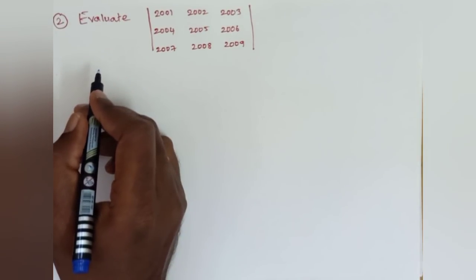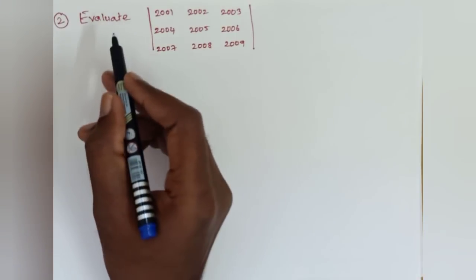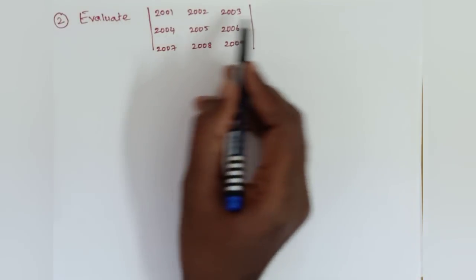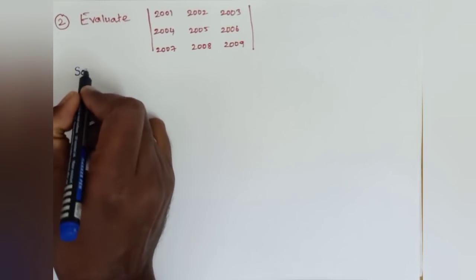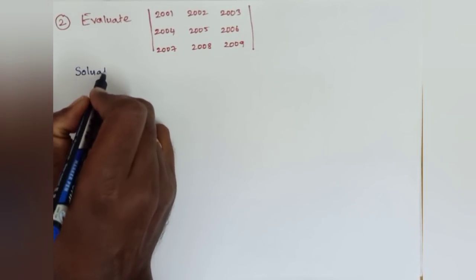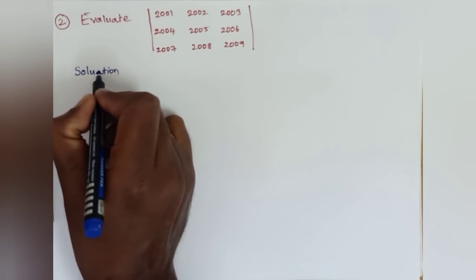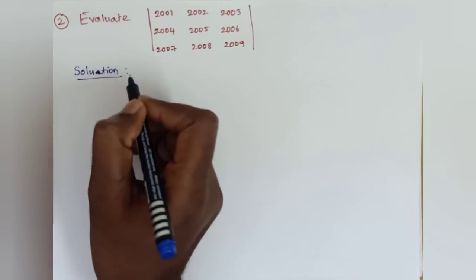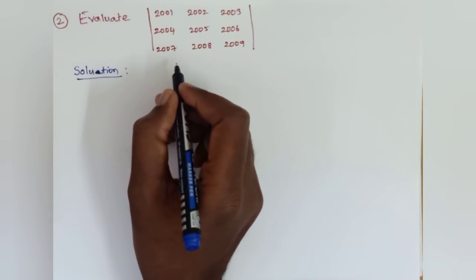By using the definition of determinant it is somewhat difficult. Here it is difficult to multiply these numbers by evaluating either row wise or column wise. So let's see how to evaluate this determinant by using the properties. Solution. Now here you can apply two operations at a time.